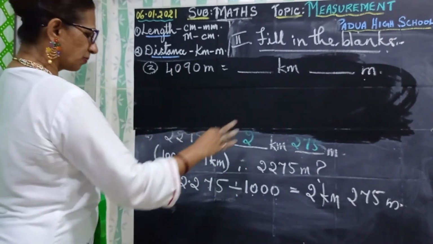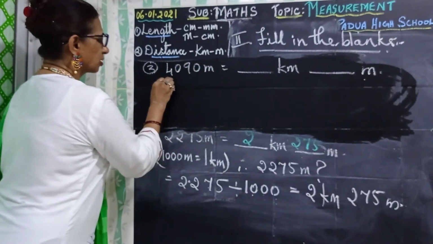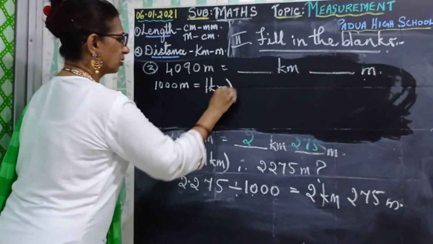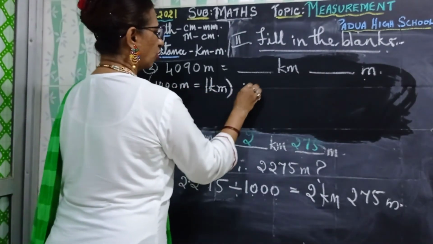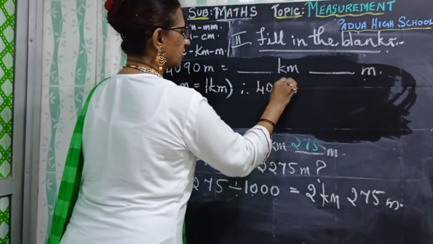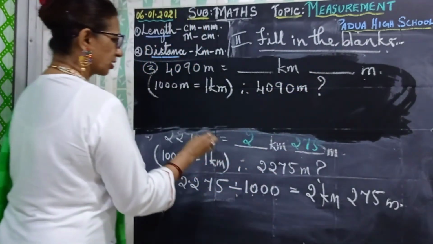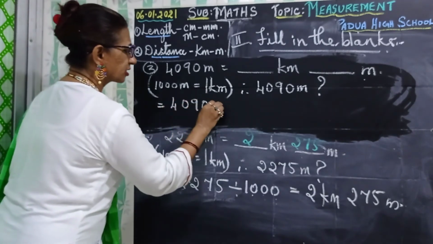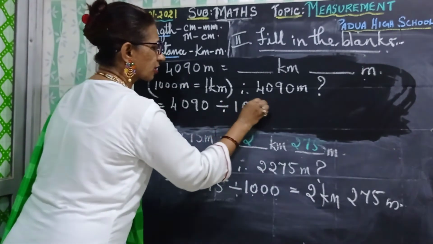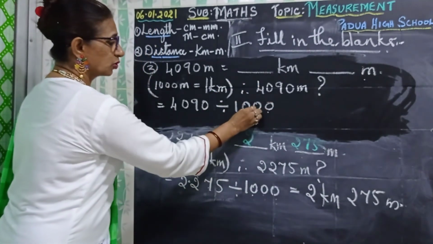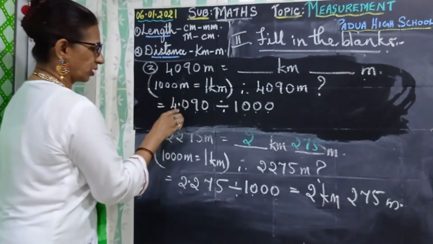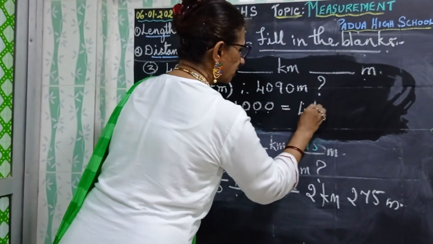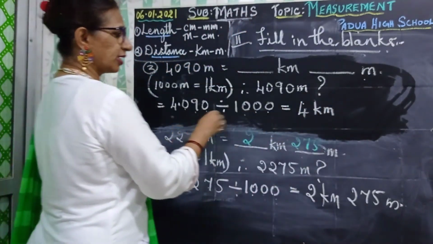So what I will do, simple same thing, 1000 meters is equal to 1 kilometer, and then therefore 4090 meters is how much? That is equal to 4090 divide by 1000. So 1 2 3 1 2 3, put a dot here. So I get that is equal to 4 kilometers and 90 meters.